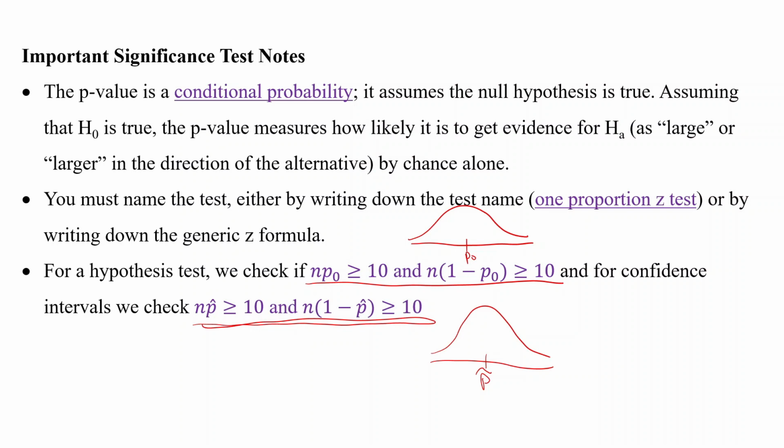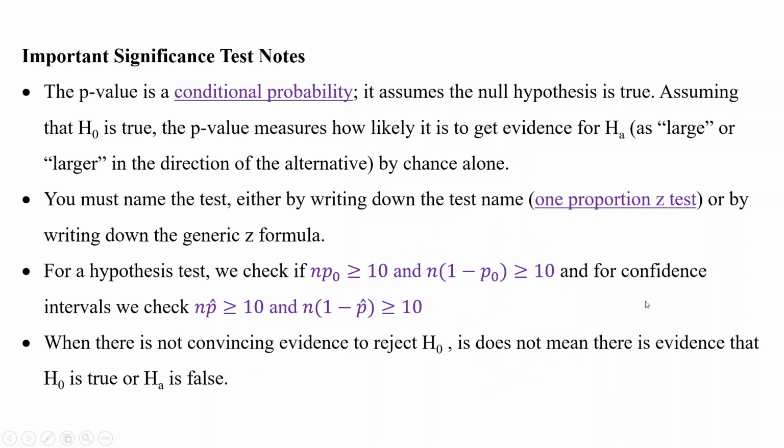So that is an important distinction. You will get it incorrect if you interchange those. Okay. If you accidentally use p hat instead of p naught or somehow vice versa, it will be incorrect. So make sure you keep that large counts condition straight. It depends on which inference procedure you are using, confidence intervals or significance tests.